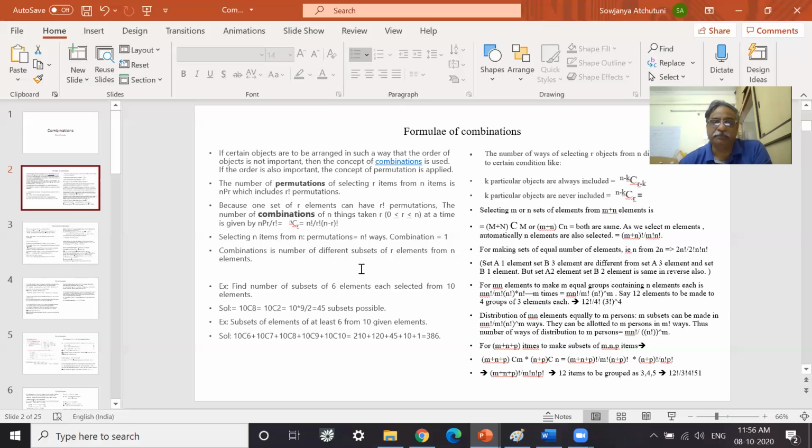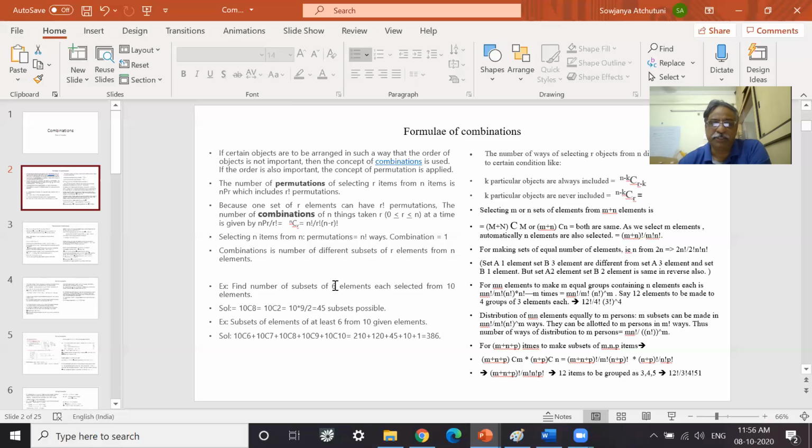Okay, let us see some small examples. I want to select subsets of 6 elements from 10 elements. I want to make groups of 6 elements out of 10 elements. A set means combination. So 10C6.